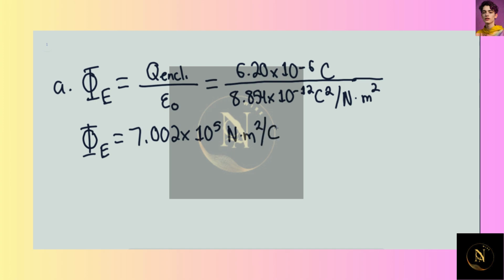However, this is for all six faces, and by symmetry, the flux is the same through each of the faces. So the flux through a single face would be 1/6 of this, because there are 6 faces to a cube.